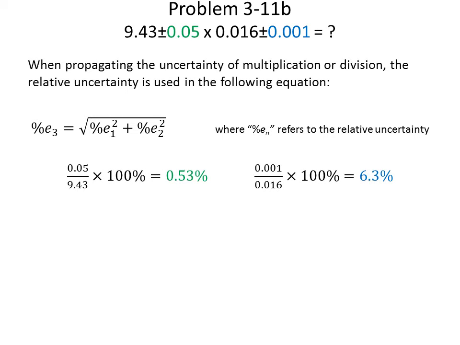In our example, 0.05 divided by 9.43 times 100% is equal to 0.53%. This is the percent relative uncertainty of 9.43 plus or minus 0.05. The percent relative uncertainty of 0.016 plus or minus 0.001 is 6.3%.